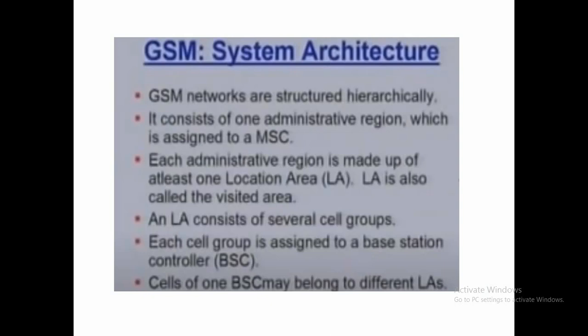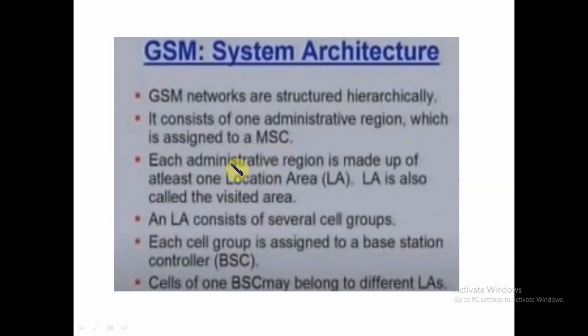Now we talk about the GSM architecture. The most important thing is that the GSM network is structured hierarchically. It consists of administrative regions, each assigned to a mobile switching center, that is the MSC.